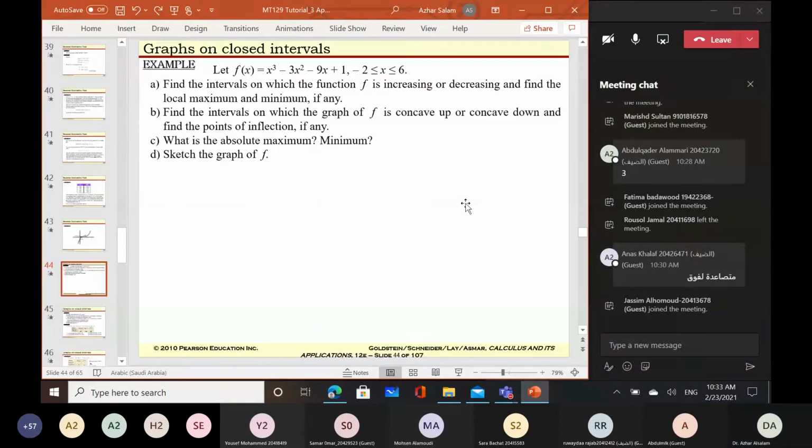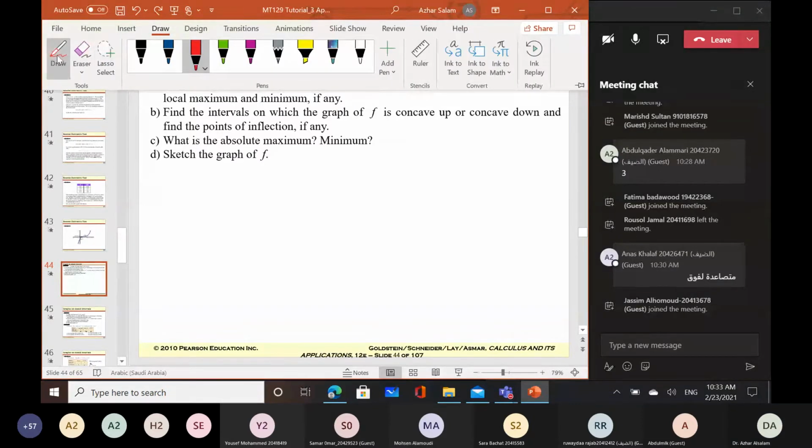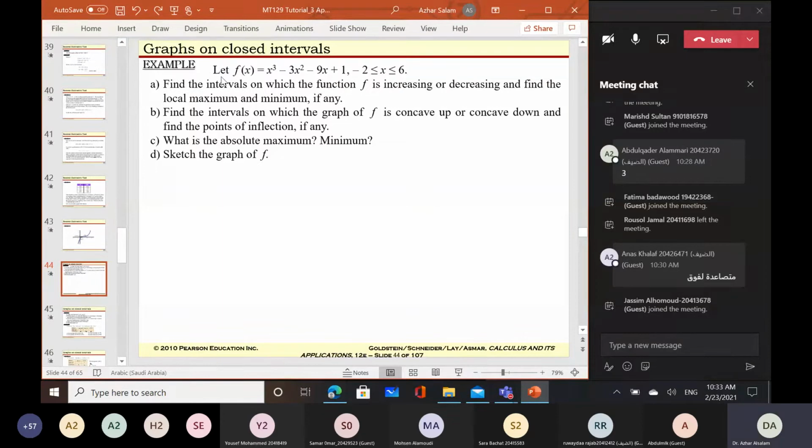Okay, this is the last example about sketching. Then we will begin with optimization. First, I have here a definition of a function f, and it's of the third degree.